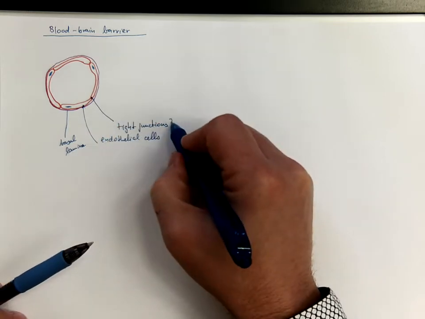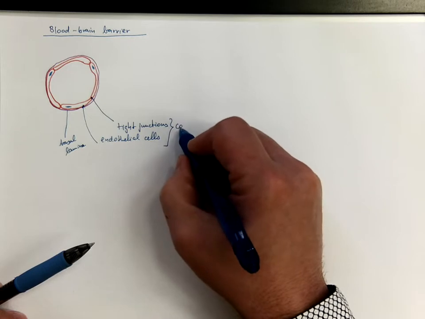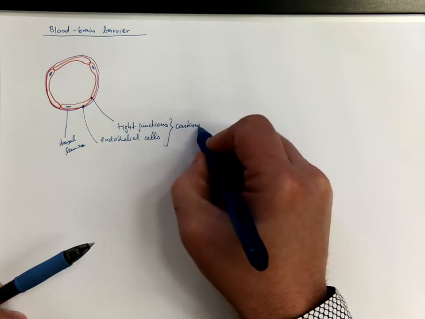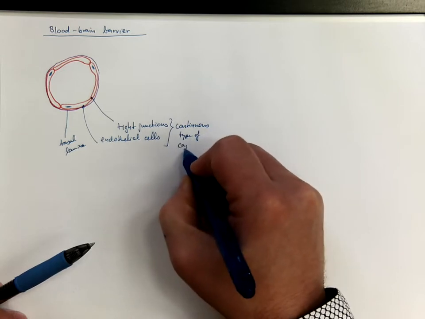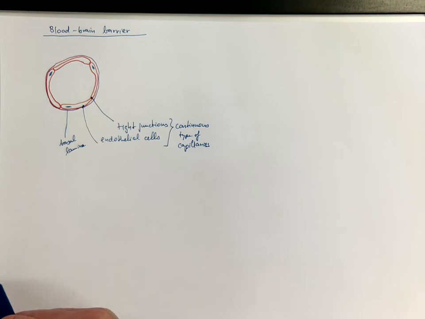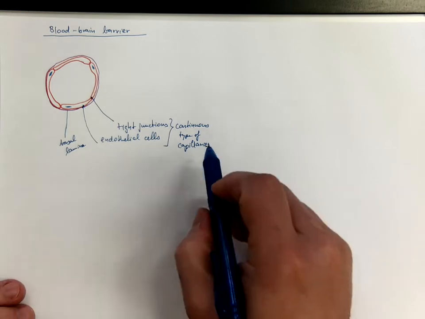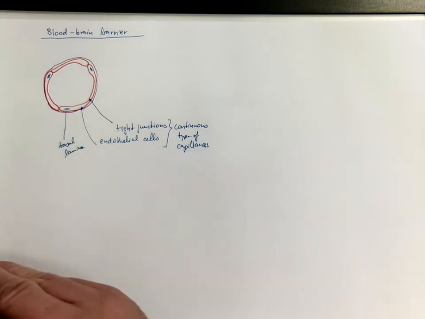So altogether, this forms a so-called continuous capillary. And that's the type of capillaries in the human body that has the lowest permeability at all.